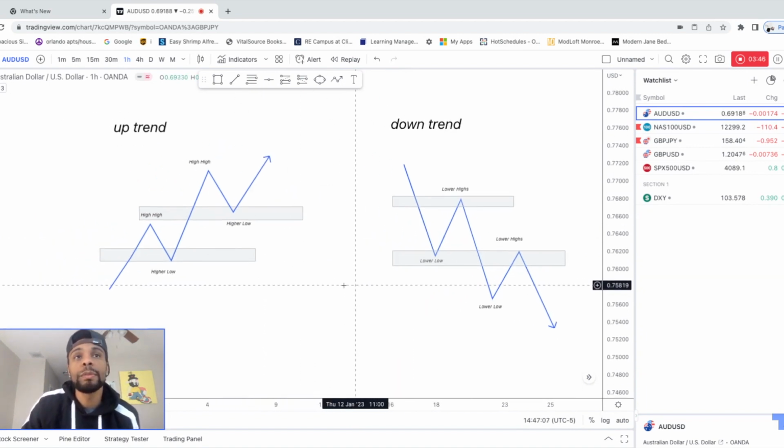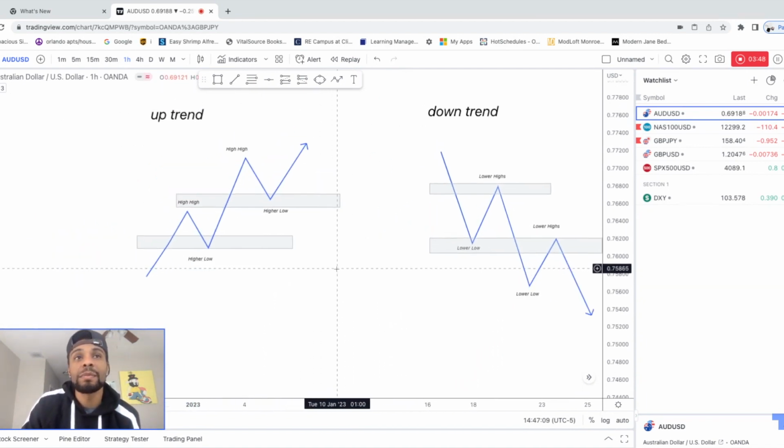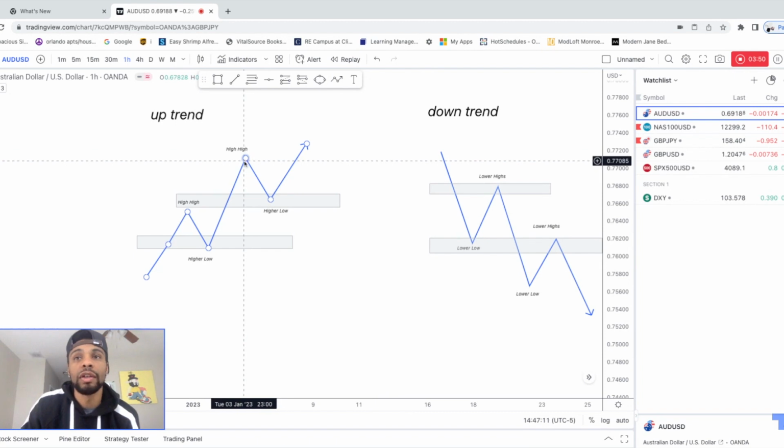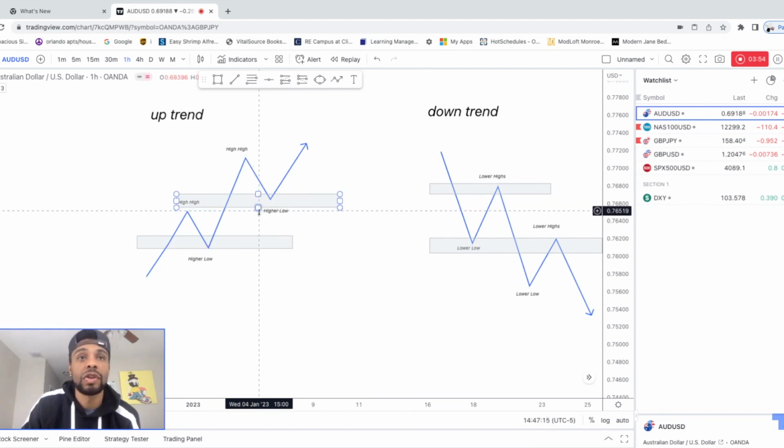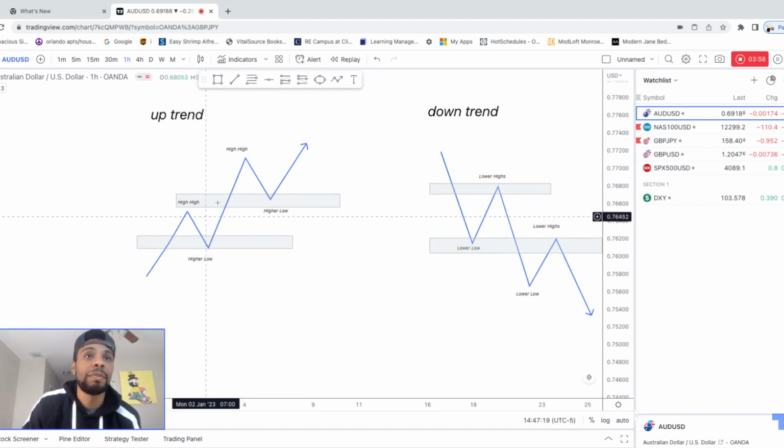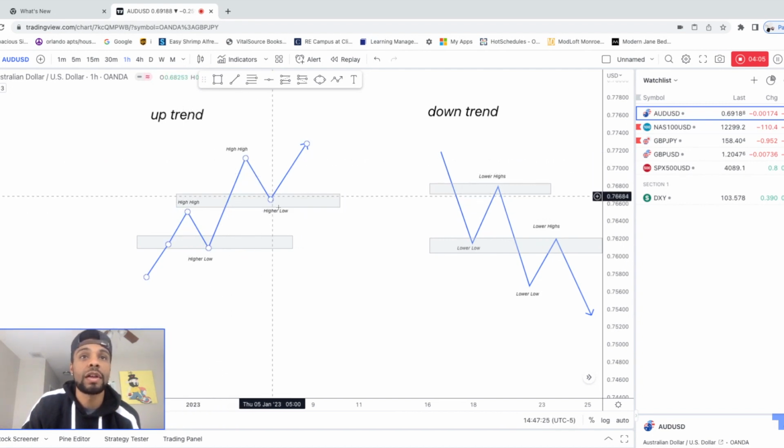One thing you want to remember is that it does not become a higher high or a lower low until it passes that previous high or low point. So this does not become a higher high until it passes this high point, and then comes back, rejects, and continues to the upside.